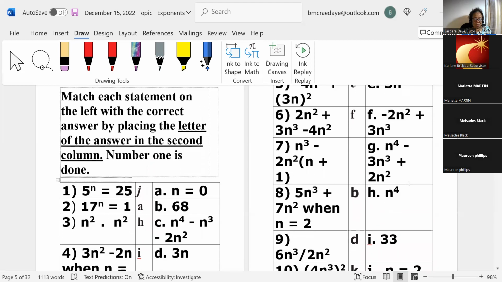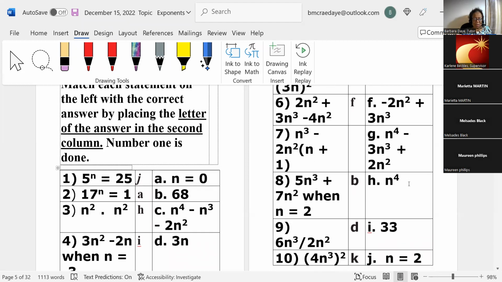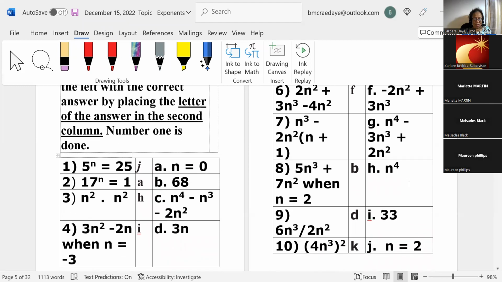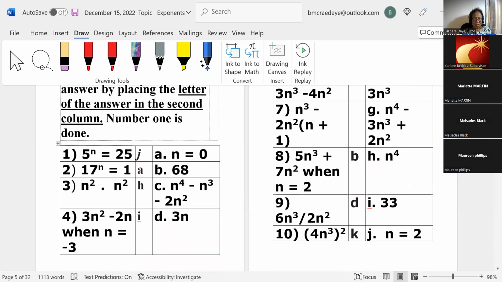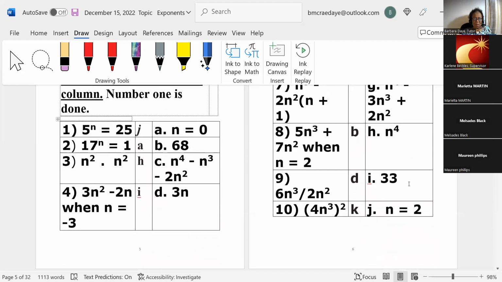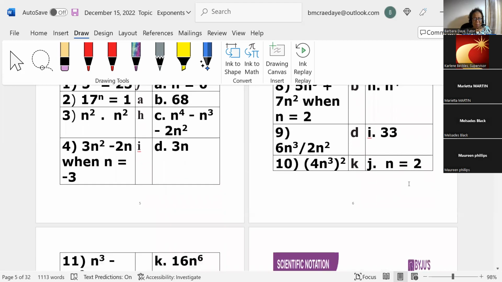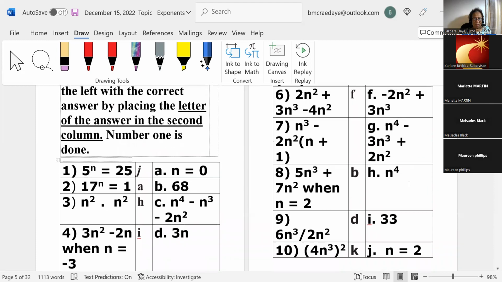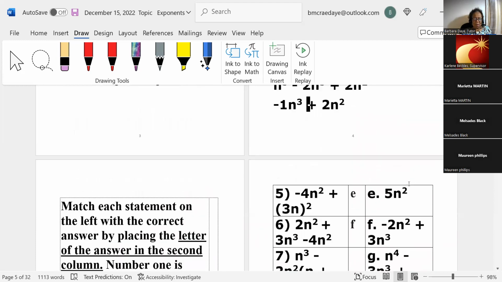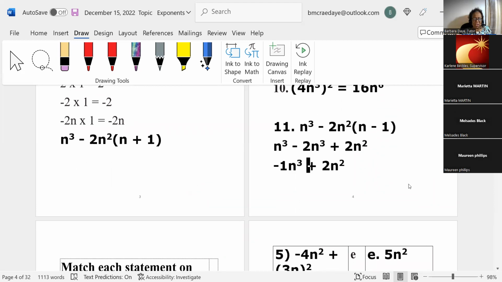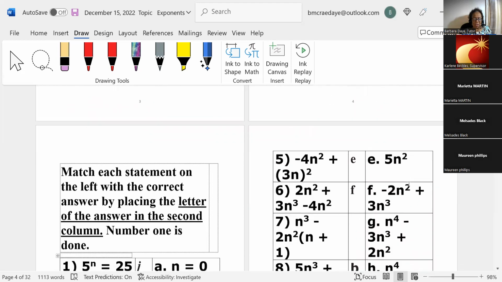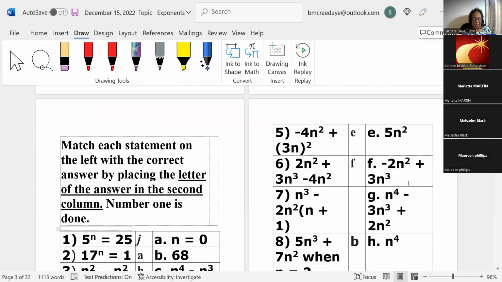I'm trying to see if I see it on my paper. What's the answer again? Okay, it's minus n to the third plus 2n to the second.